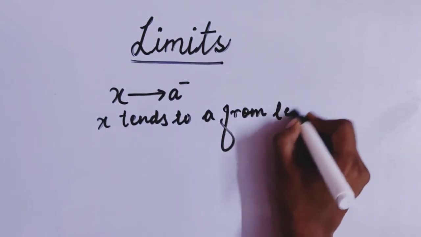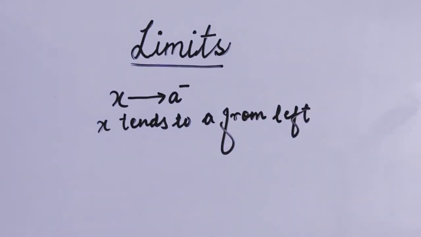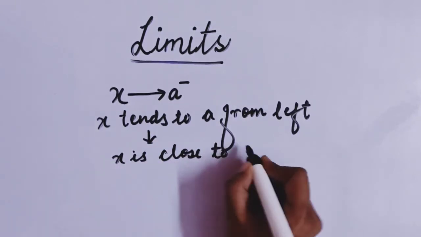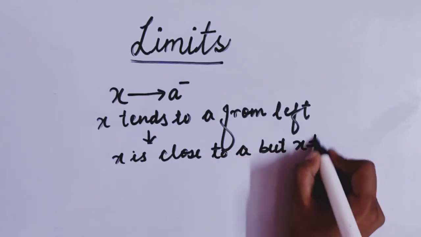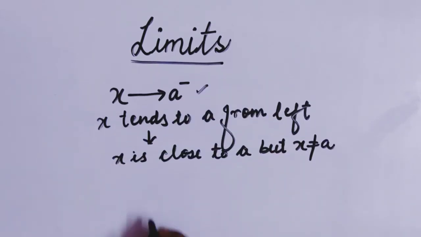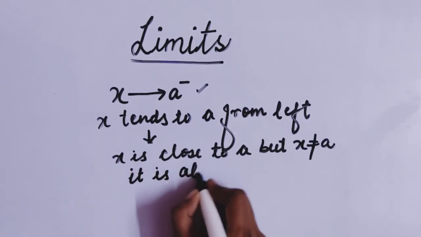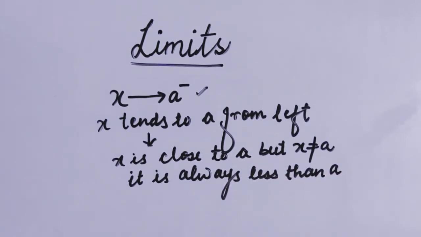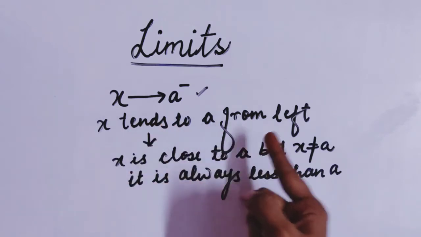It says x is very, very close to A, which means x is close to A, but x is not equal to A. It is always less than A. It is very close to A, but not equal to A, and simultaneously it is always less than A. Its value is less than A. This is the meaning of x tends to A from left.